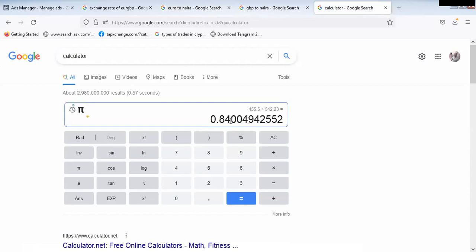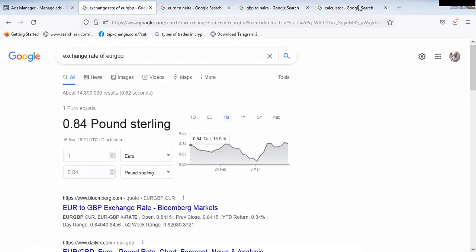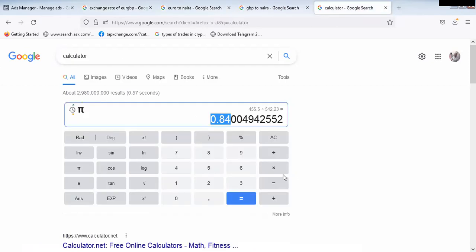We got the exact 0.84, which was here. We got the exact value. So that is that for exchange rate.